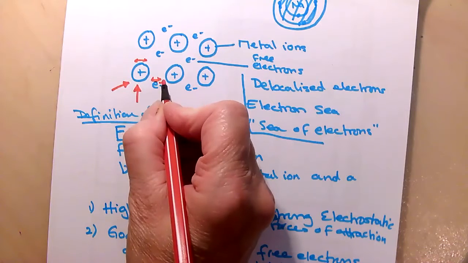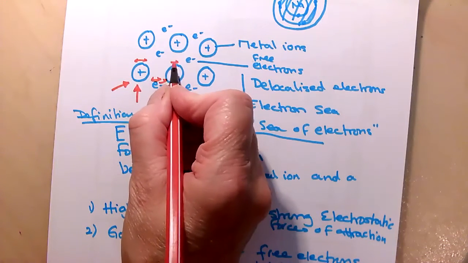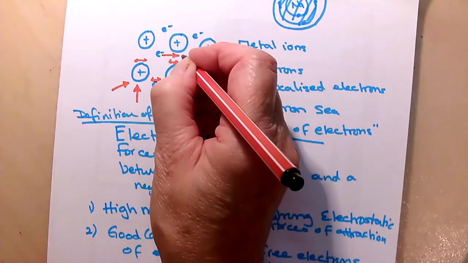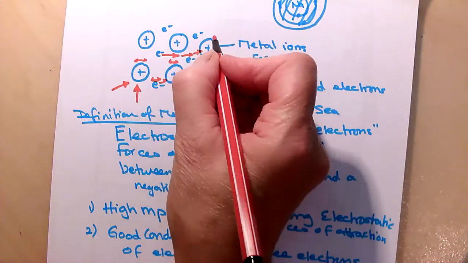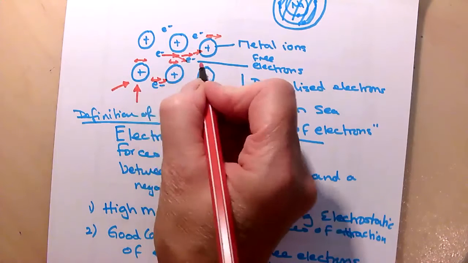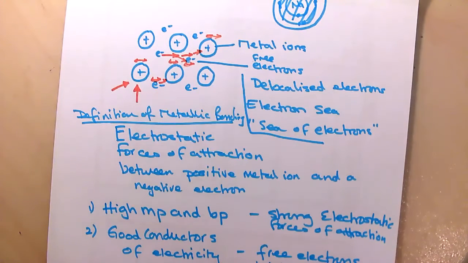The electrons will bash into the metal atoms and make them vibrate a bit more, and the electrons can move and bash into another metal atom or another electron and make it vibrate a bit more.